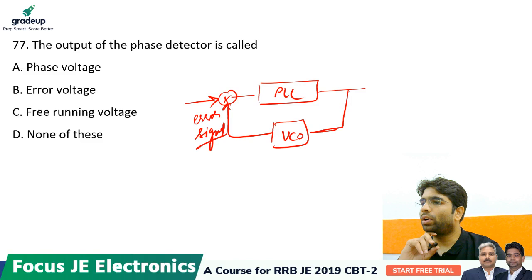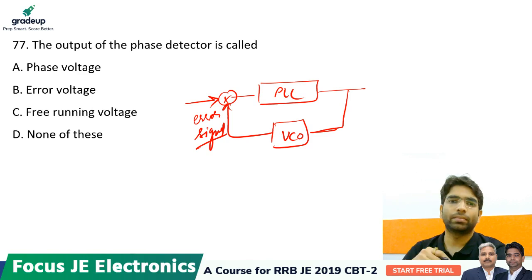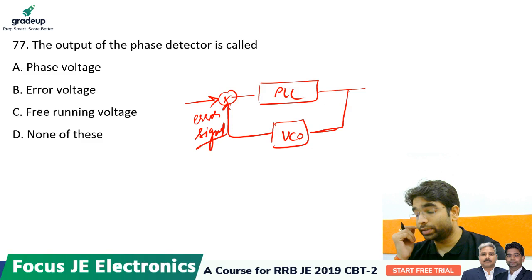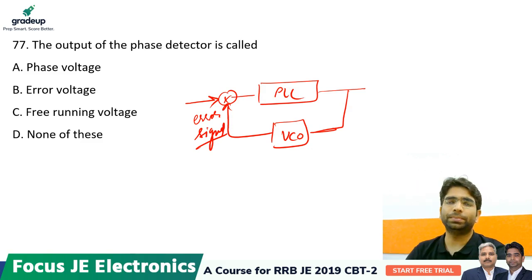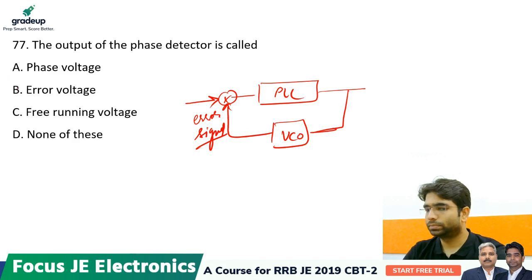PIN diode is also used for oscillator designing. PIN diode you are using in your photo detectors. So it will be an error voltage.